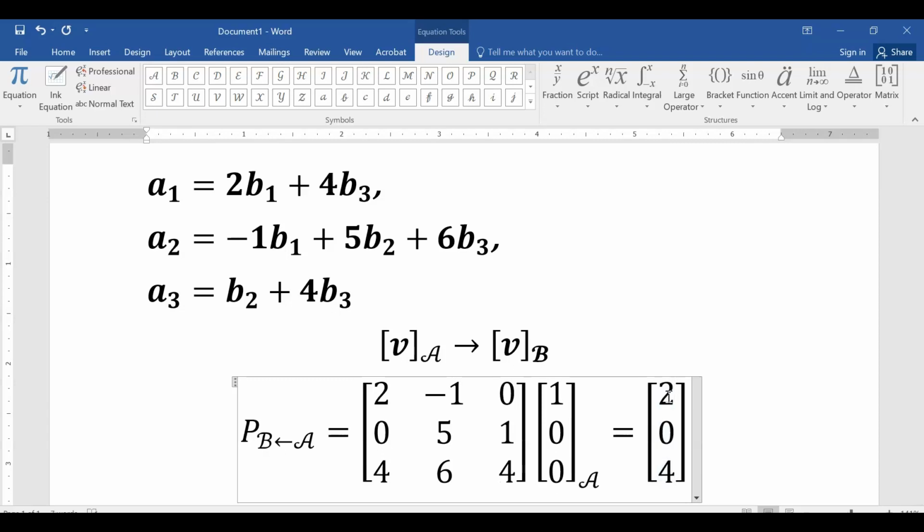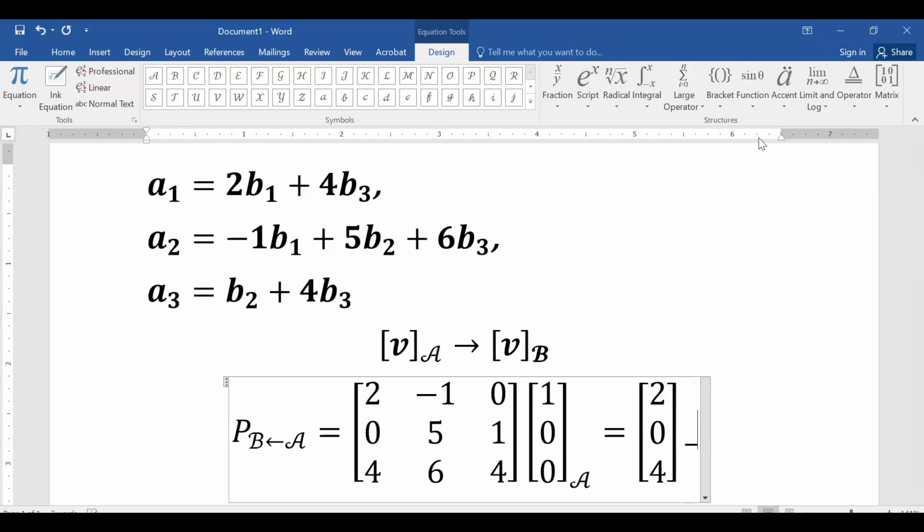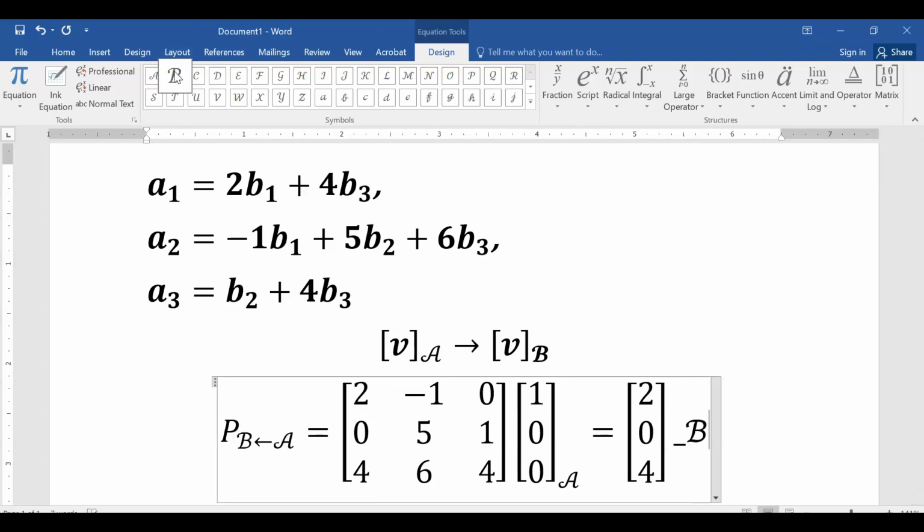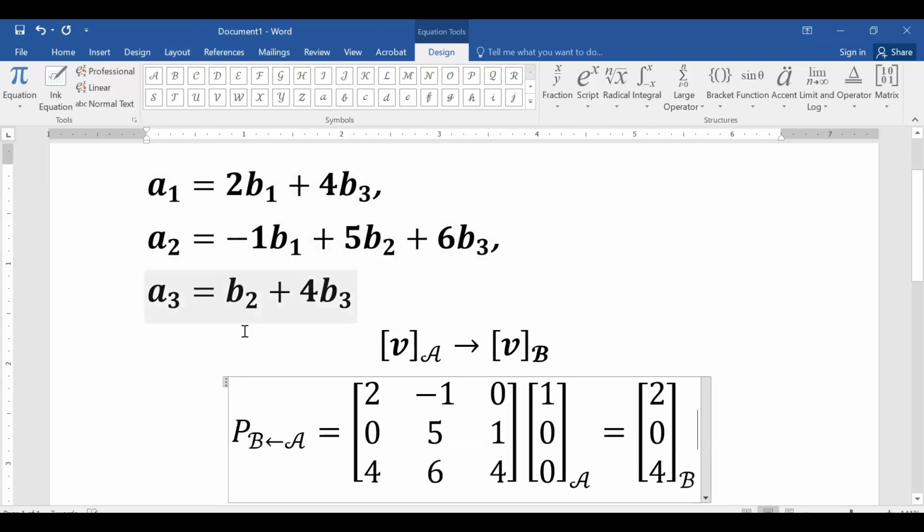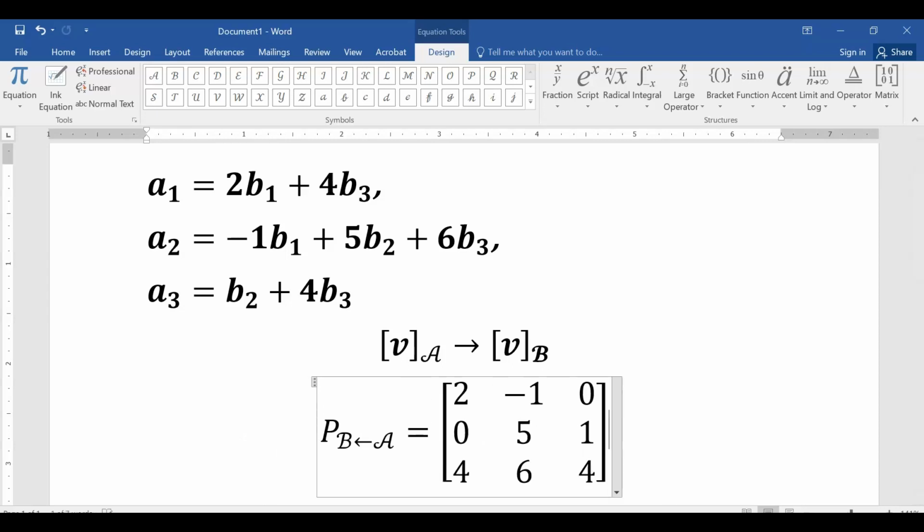And that's my A1 written with respect to basis B. Okay, so with respect to basis B, 2, 0, 4. All right, so that's a good check that we did write it going the correct direction.